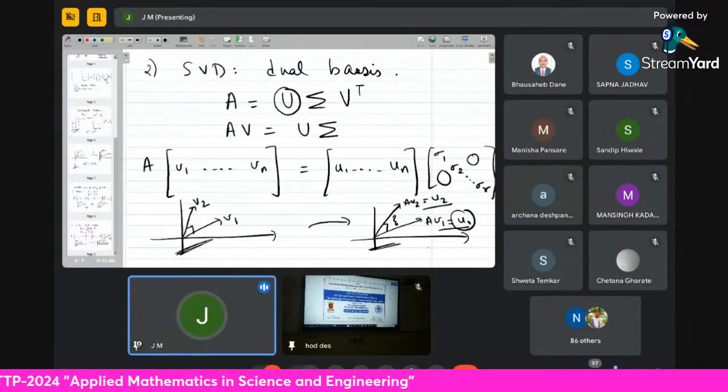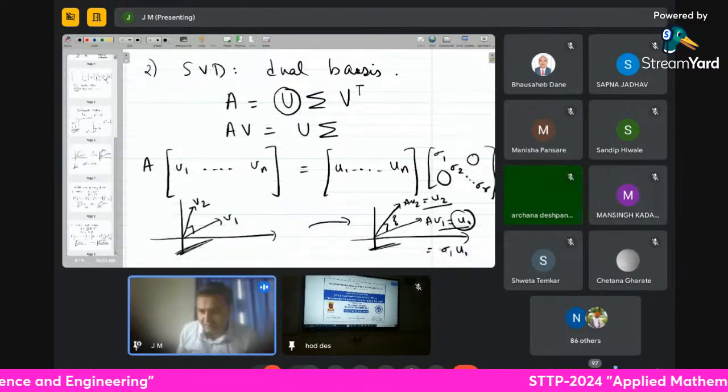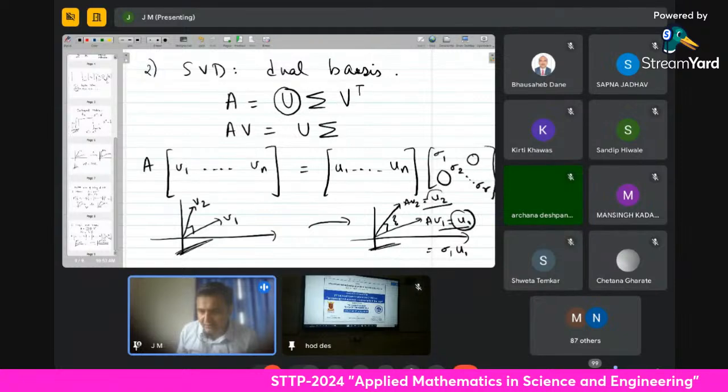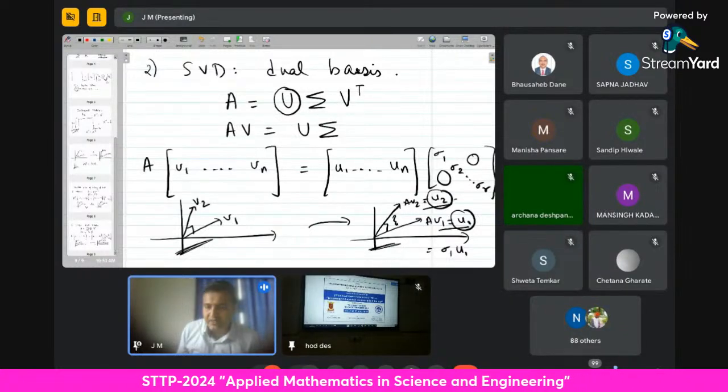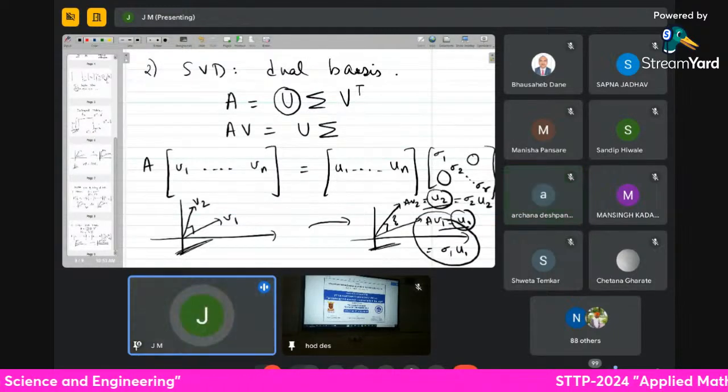Usually, I normalize it. Normalizing means the length of the vector is 1. Here also the length is not 1, so I will normalize it, so sigma times U2 is AV2, and so on.